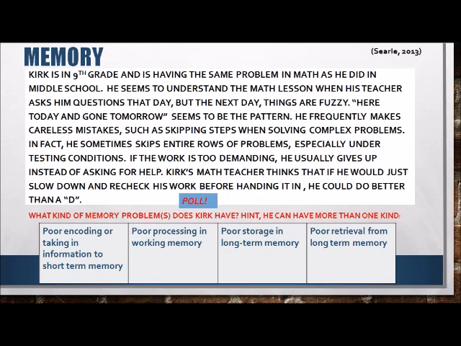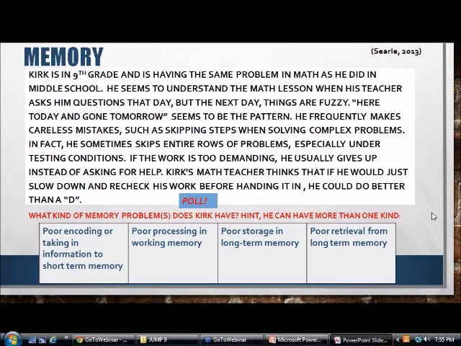There it goes. This is Kirk. Kirk is in 9th grade and he's having the same problem in math as he did in middle school. He seems to understand the math lesson when his teacher asks him questions that day, but the next day things are fuzzy. Here today and gone tomorrow seems to be the pattern.